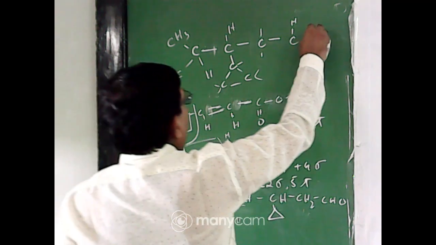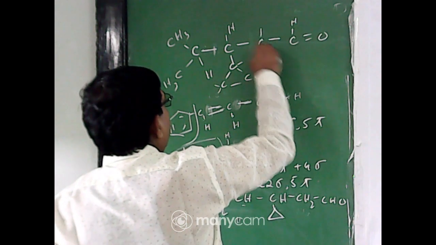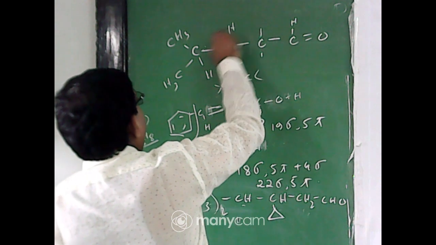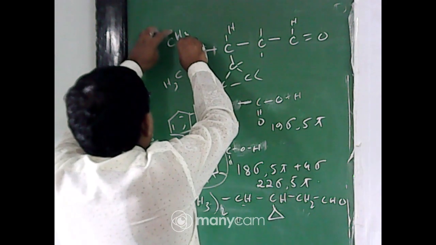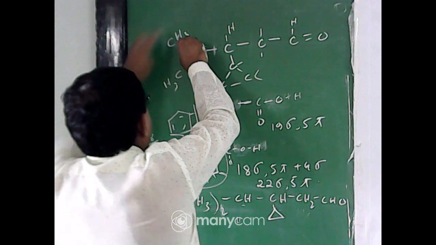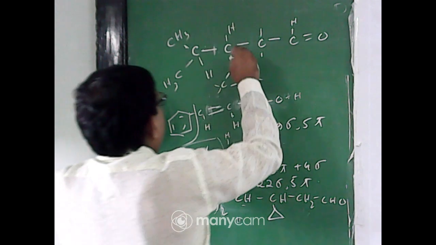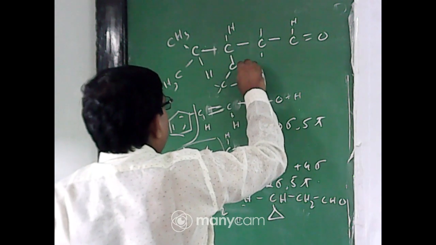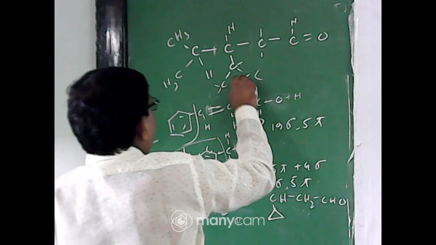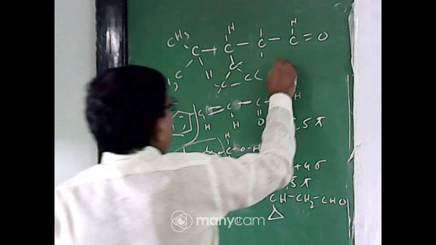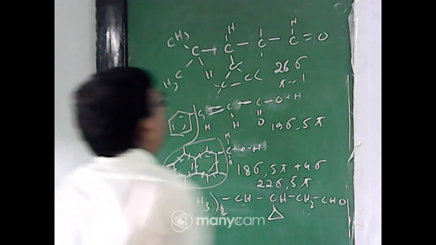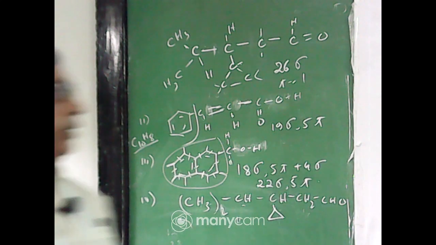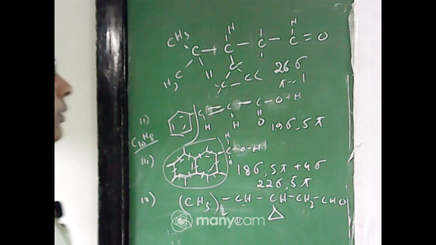Again count 1, 2, 3, 4, 5, 6, 7, 8, 9, 10, 11. After 11, 3, 12, 13, 14, 15, 16, 17, 18, 19, 20, 21, 22, 23, 24, 25, 26. So 26 sigma and pi bond 1.